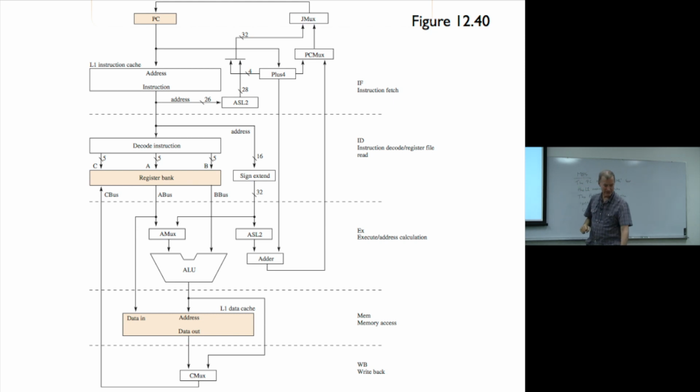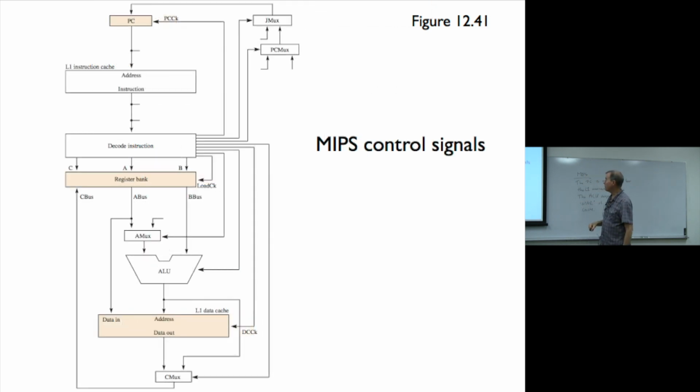So look, here's a picture, figure 12.41. It gets messy to show every control signal and every data flow signal, so I erased some of the data flow signals. But look, it comes from that decode instruction section. And where does it go? It goes to each one of the muxes: a line goes to the A mux, the C mux, the PC mux, and the J mux.